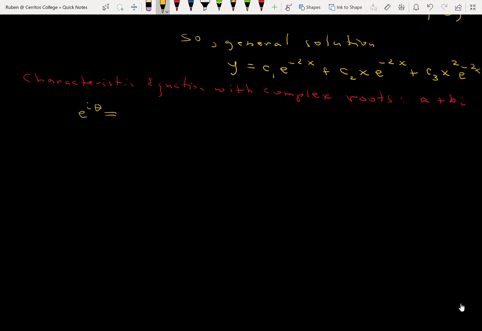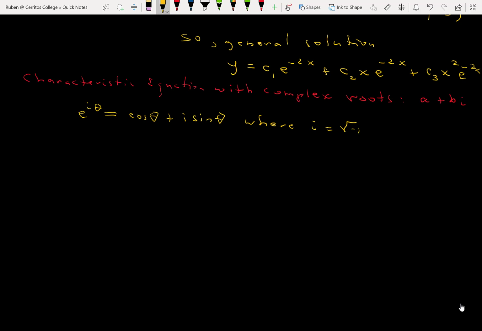It says that e to the i theta equals cosine theta plus i times the sine of theta. It's a really remarkable fact that this is the connection between the exponential function and the sine and cosine function, where of course i is the imaginary unit, the square root of -1.